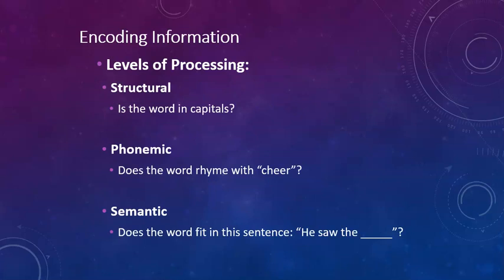When we're encoding the information, we also have different levels of processing. Whether it's effortful or automatic, there are different levels. The first level is structural. This is the structure of something. Is the word in capitals? Is it in italics?